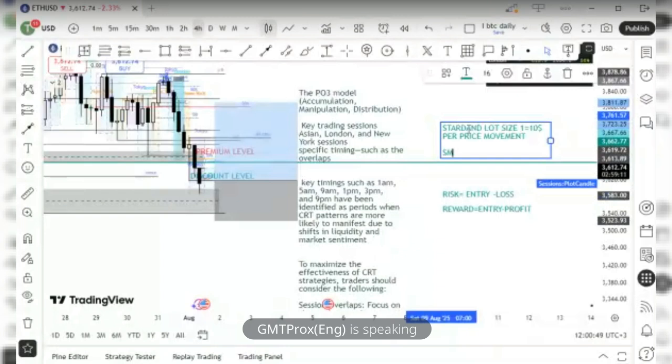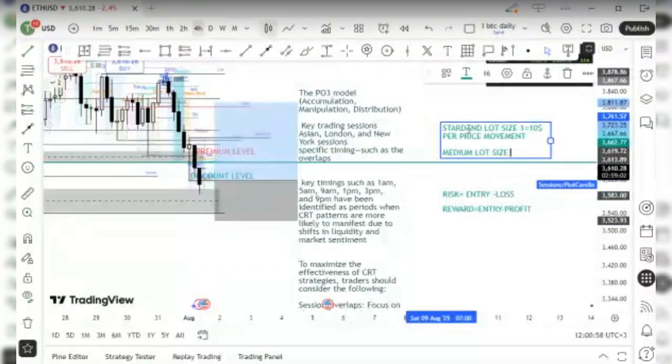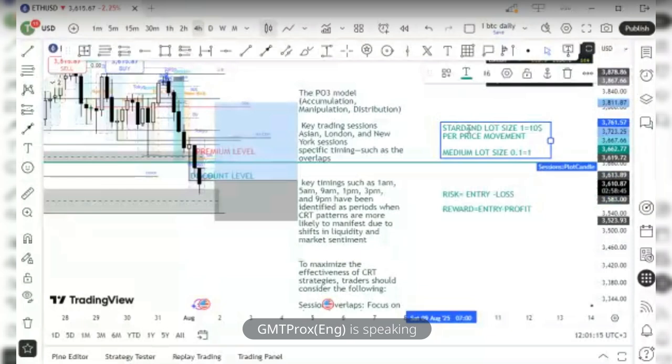Now for medium, if you go medium lot size is 0.1. This is $1 per pip. That for every one price movement, you will be charging $1.